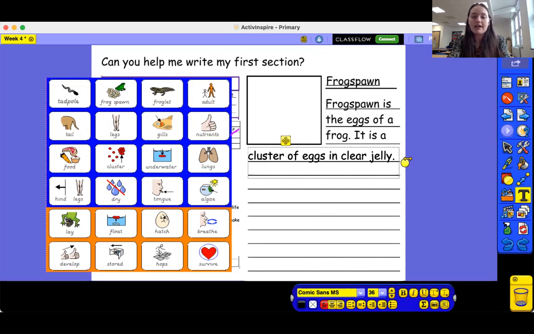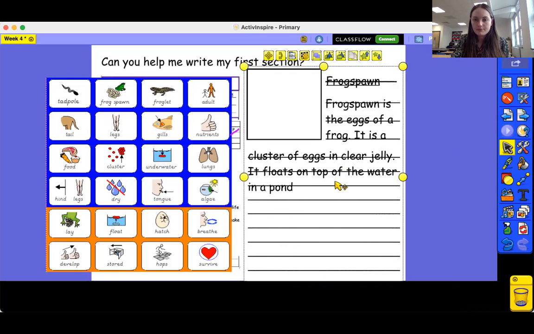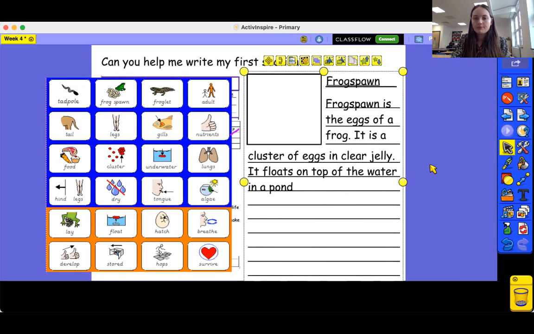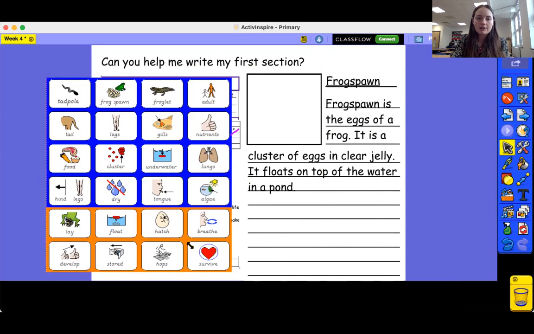I'm going to say here that it floats on top of the water in a pond. Okay. Can't forget my full stop. Great start.